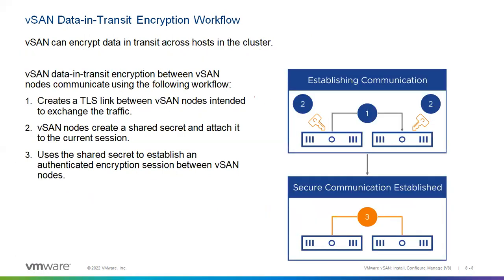Then how it works: a secure handshake is always done between the source and the target node where my data is traveling. It creates a TLS link between the vSAN nodes intending to exchange the traffic. The vSAN node creates a shared secret key, attaches it to the current session, and uses this shared secret to establish a secure TLS link, and then transfers the storage information over the storage network.